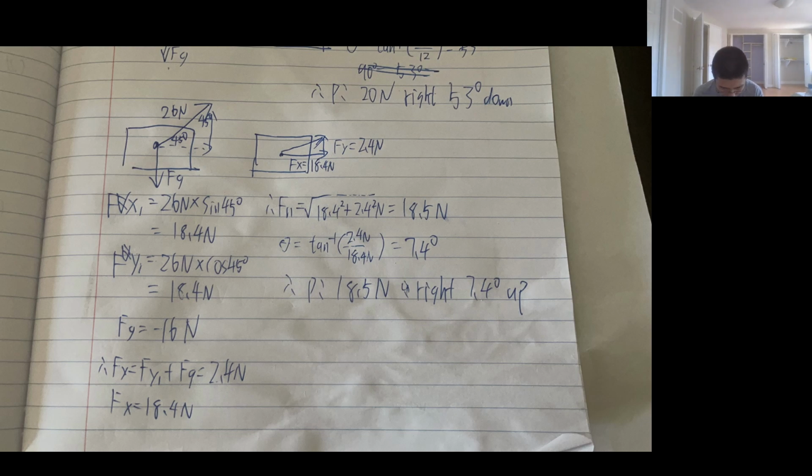While you add F for the y-axis, you add F gravity and Fy1 for this applied force. You add them together and find out there's only 2.4 newtons upward. So therefore, we can calculate Fnet with the equation square root of (18.4 squared plus 2.4 squared) newtons, and we have 18.5 newtons.